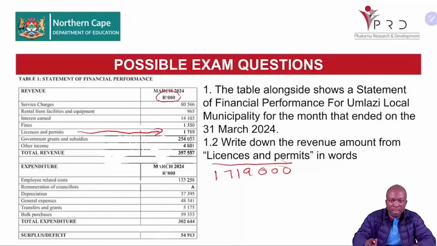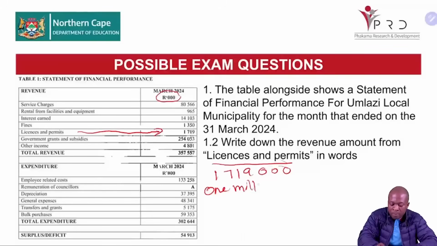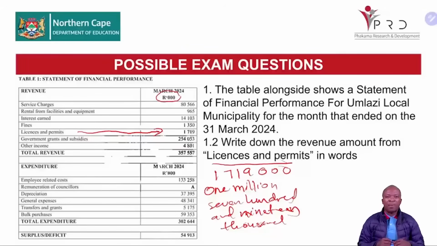So it means it's what? 1,719,000, but they want it in words. So you write it as 1,719,000. Are we together with that? So when they say they want it in words, meaning they want you to use digits, they want you to use numbers, not letters.